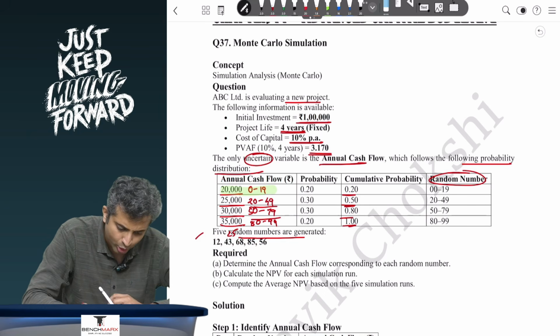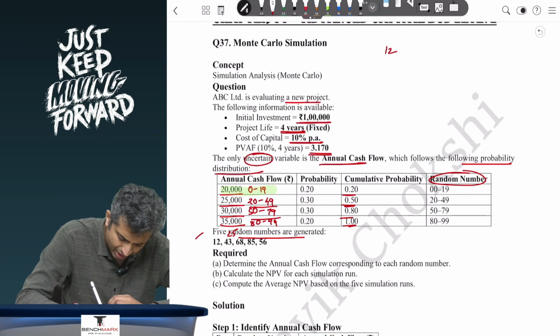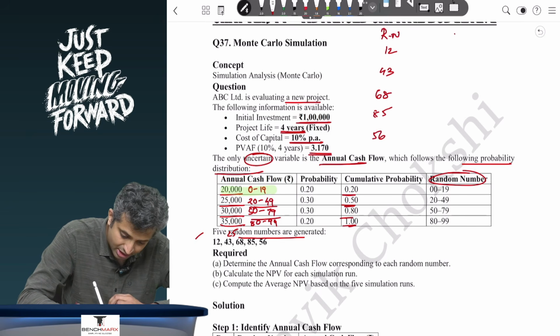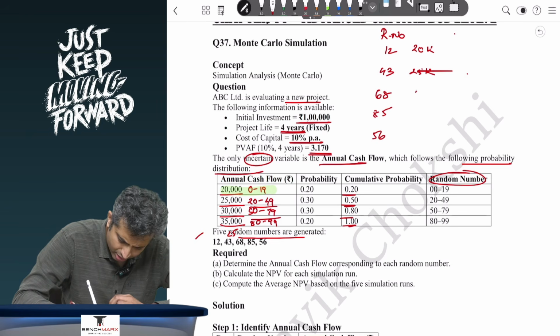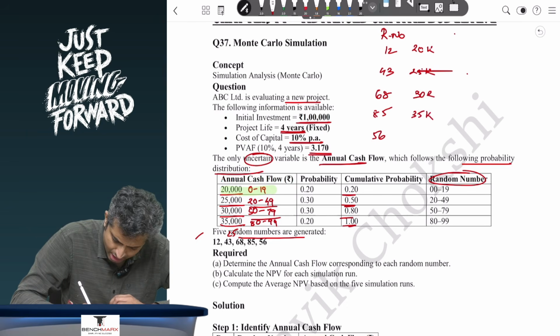So basically, if I want to find NPV at the random numbers 12, 43, 68, 85 and 56, I will say the cash flow will be 20k, 25k, 30k and 35k. Last, it will come to around 56. 56 also comes in the 30,000, so 30k into the PVF.